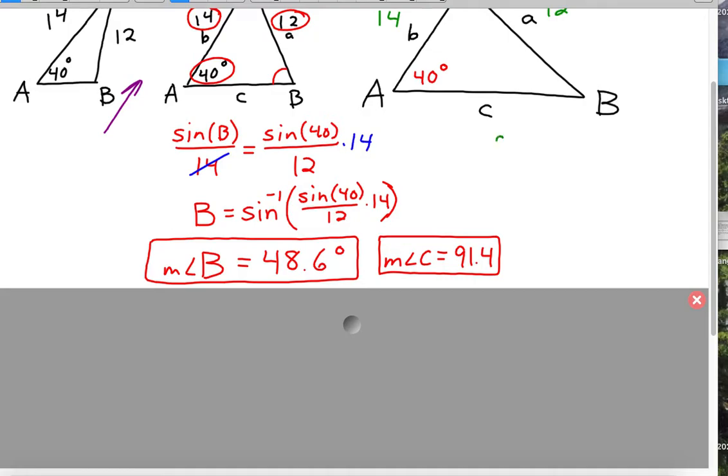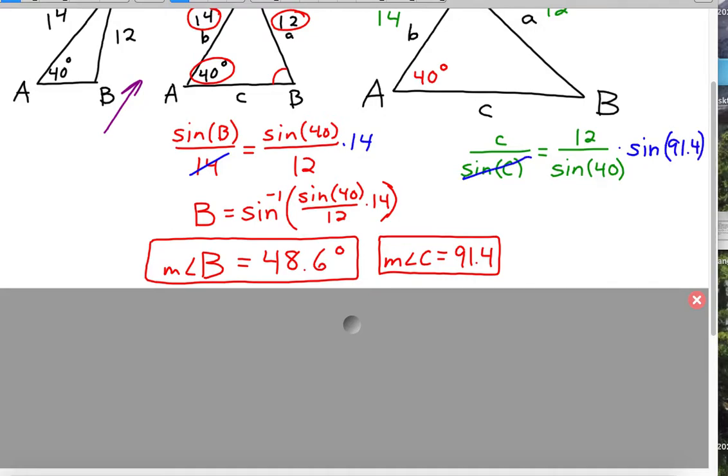So C over the sine of angle C will equal, we're going to use A, which was 12, over the sine of A, which 40 was given to us. Now notice we're going to have to plug in our rounded decimal answer for angle C, but that's okay. So now to solve this, I'm going to multiply sine of C to the other side, and C was 91.4.